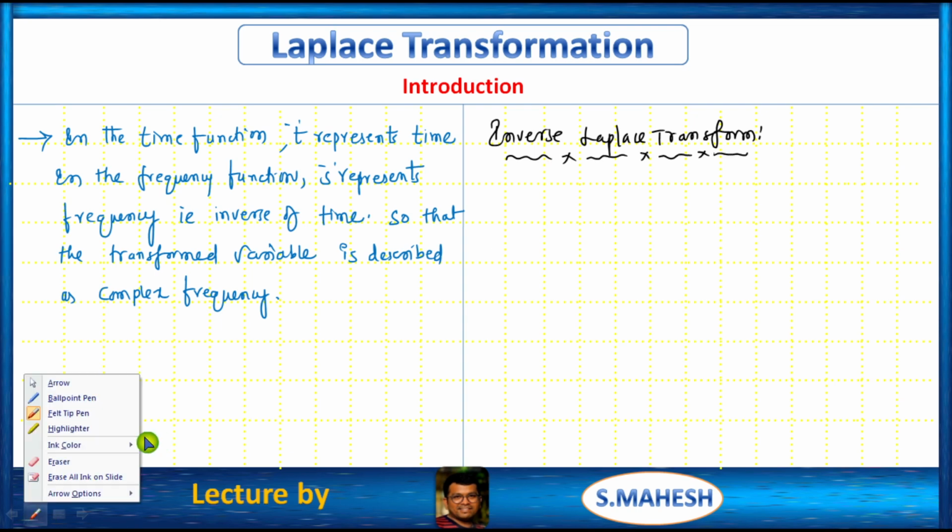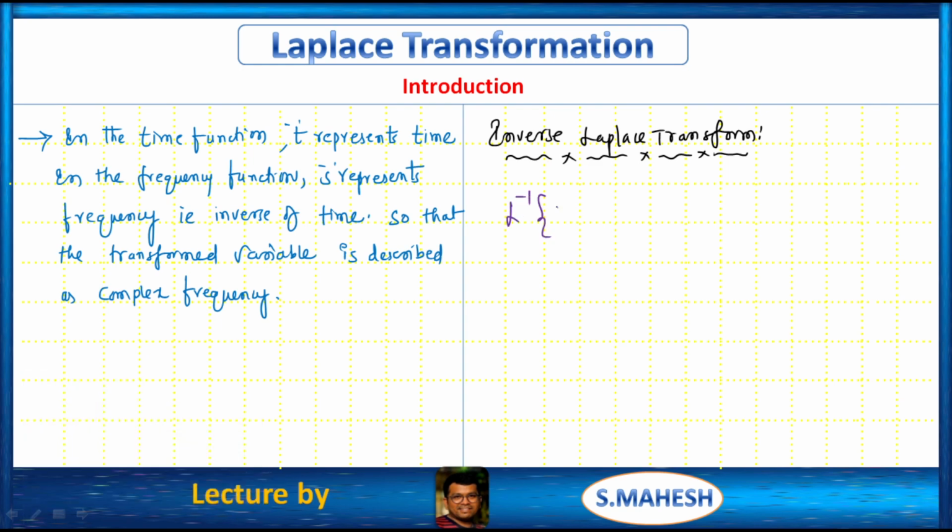Now we have L inverse of F of s, which is nothing but f of t only, right, which equals 1 by 2 pi j times the integral from sigma minus j omega to sigma plus j omega of F of s e power st ds. These are the limits from lower to higher. That's it. This is the inverse Laplace transform representation.